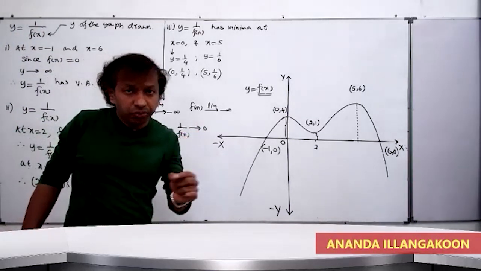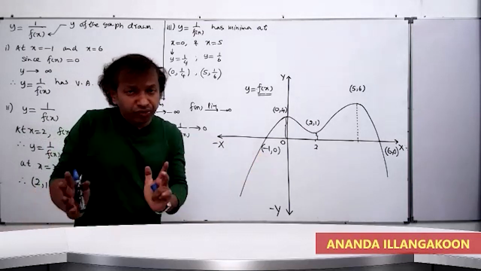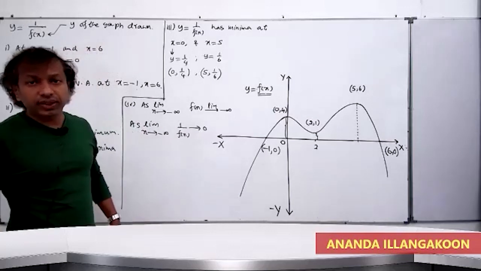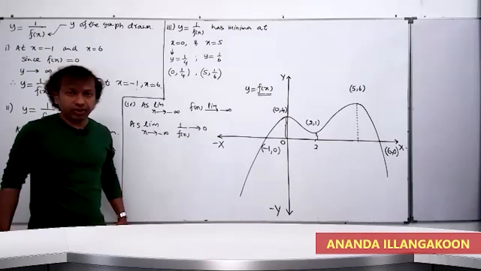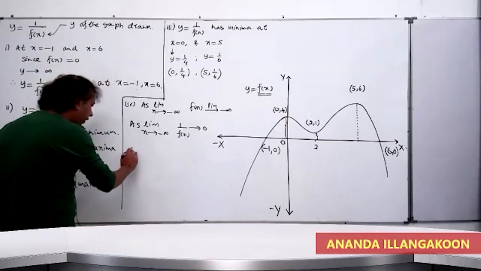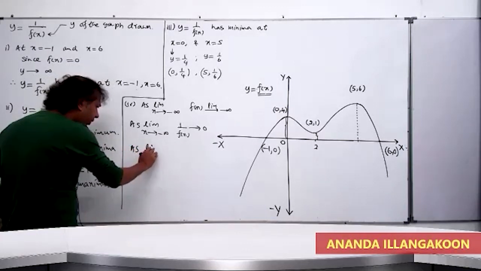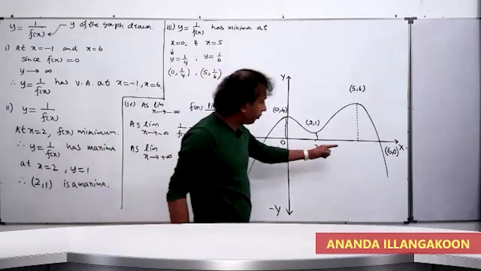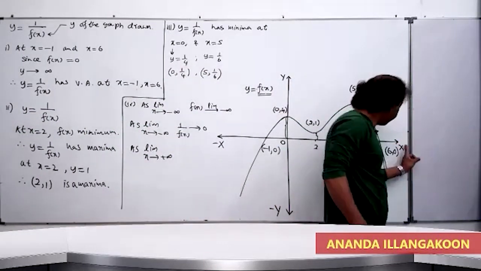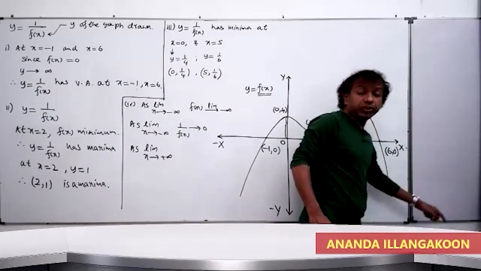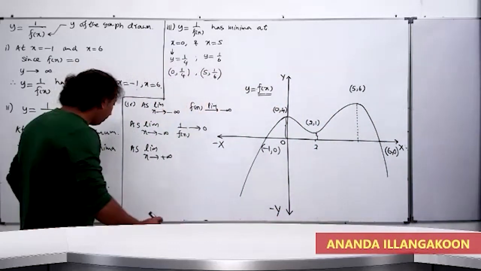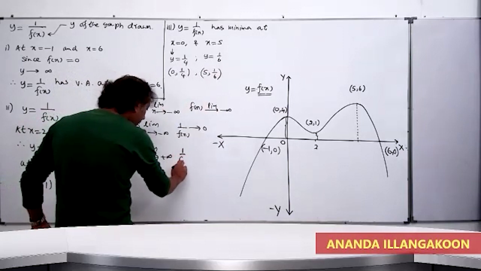As x going to negative infinity and positive infinity, if y goes to a finite value, at that value of y there is a horizontal asymptote, right? Similarly, we can write as limit x going to plus infinity. When we move this way to the right, the denominator goes to infinity, then 1 upon infinity means again 0. 1 upon f(x) going to 0.